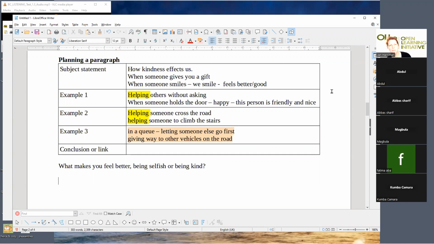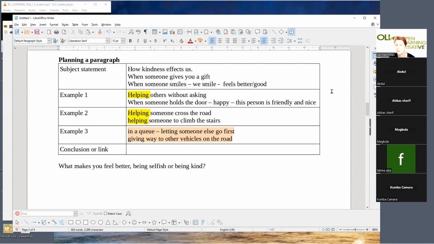So this week's assignment, because we've spent a lot of time on our other things, is let's start thinking of opening sentences. I really need you to spend some time. I want you to think of what sentence would you write to start this paragraph? All right. What sentence would you write to start this paragraph? We know what we're going to talk about. Helping others without asking.